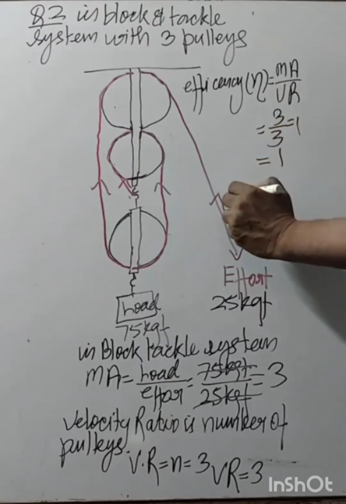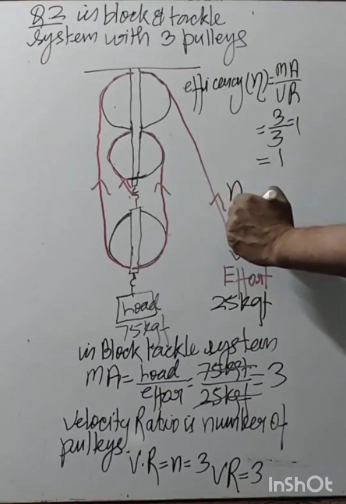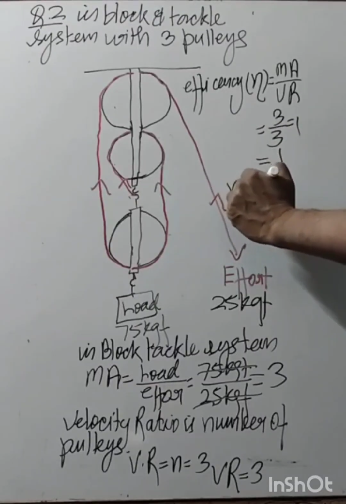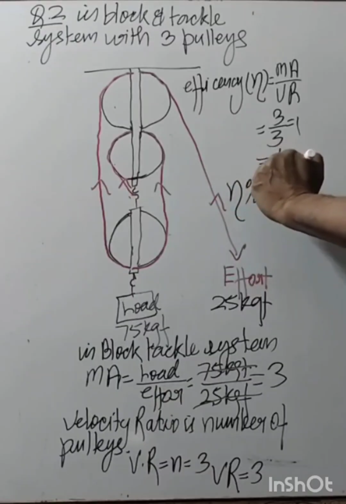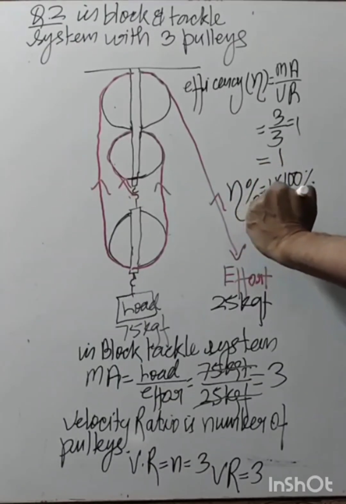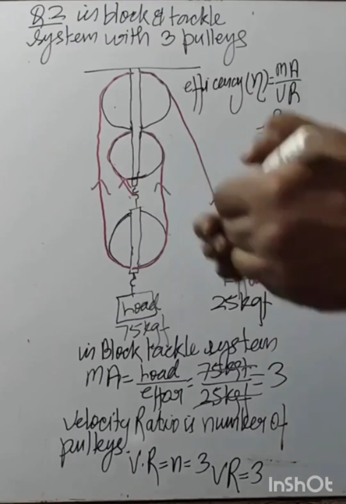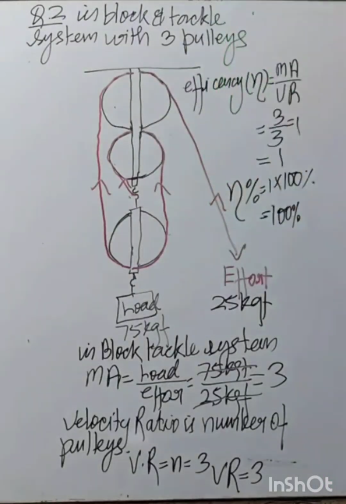So 1, and efficiency percentage is equal to 1 into 100%. It becomes 100%. This is how we solve a question like this in block and tackle system.